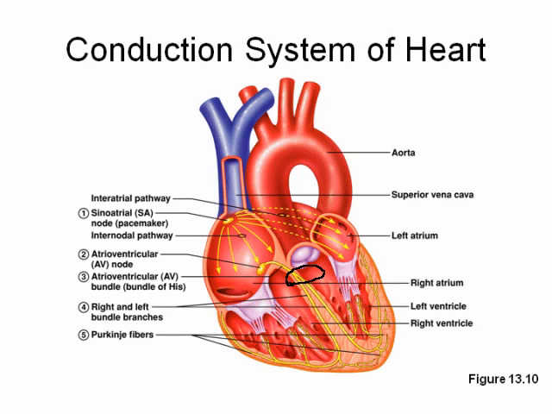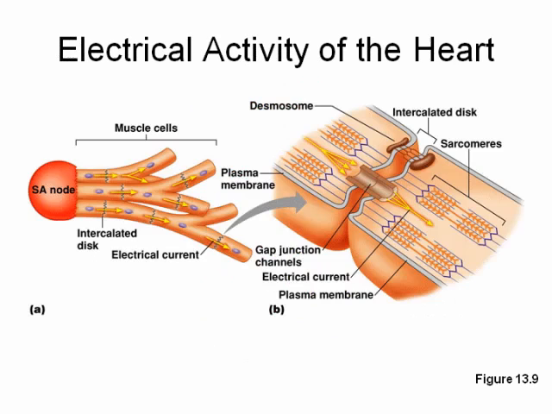So the bundle of His here, and the Purkinje fibers, which are the terminations of these fibers coming out of the electrical conduction fibers coming out of the bundle of His. The way this works, we'll switch back to this previous diagram, is that if this is the SA node, keep in mind we have these gap junctions here between cells. So cells in the SA node depolarize.